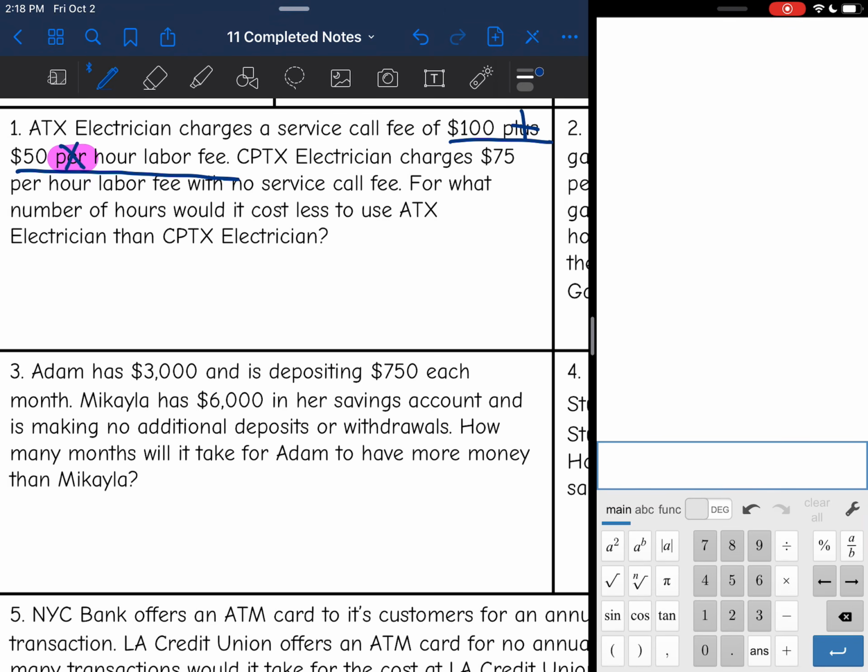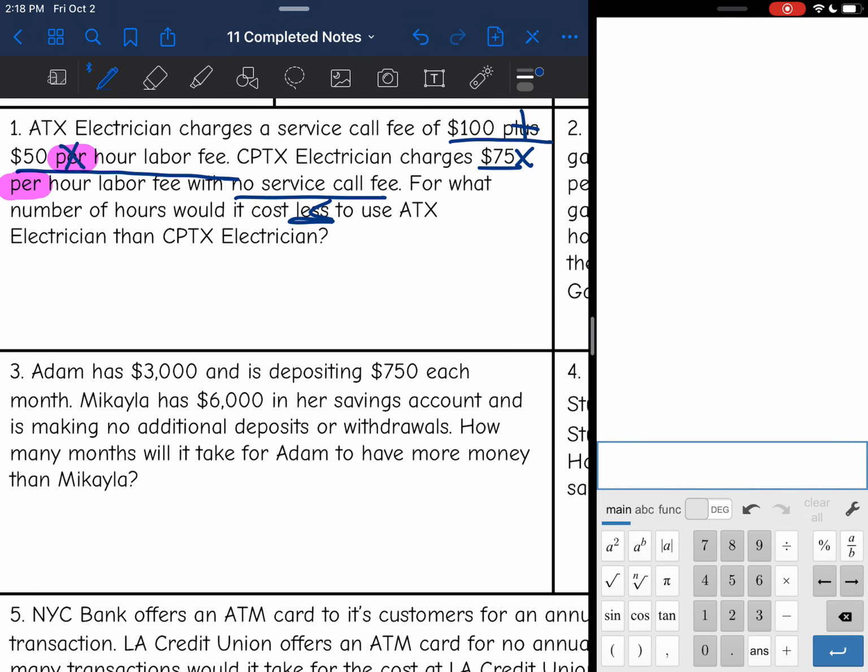And then CPTX electrician charges $75 per hour labor fee with no service call. So there is that per again, multiplication, so the 75 is going to have the x on it. For what number of hours would it cost less, it's probably going to be the less than symbol, to use ATX electrician than CPTX electrician?